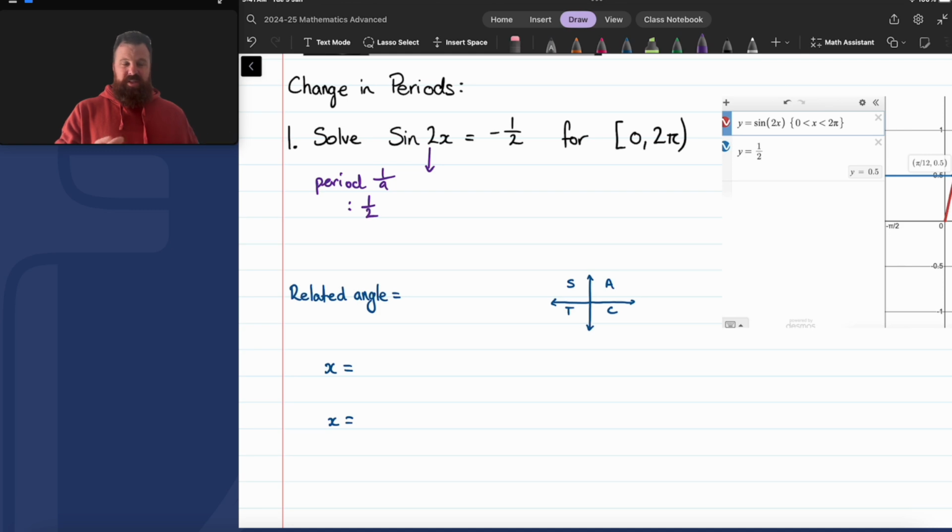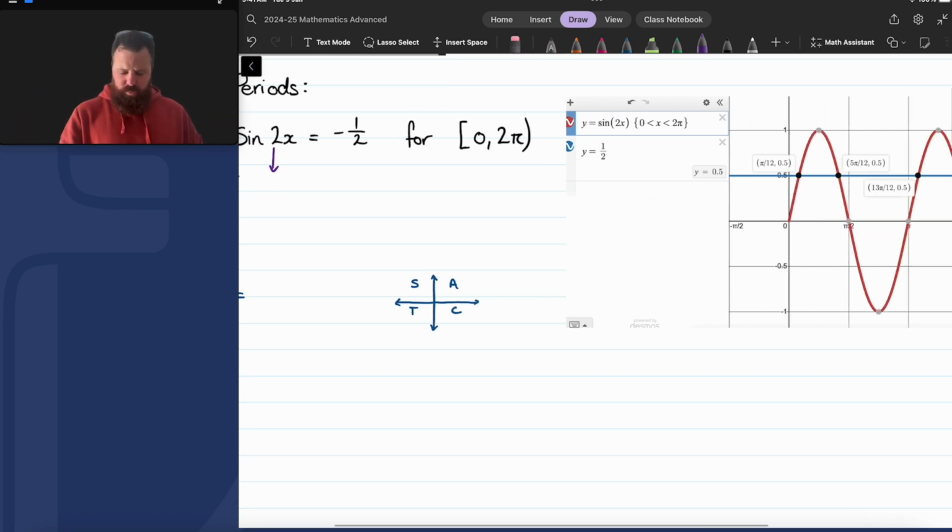It now goes between 0 and 180 degrees, or 0 and pi, if I'm talking in radians. So that has an impact on my curve. It has an impact on what happens with the result of my answers. That whole curve is now squished in.